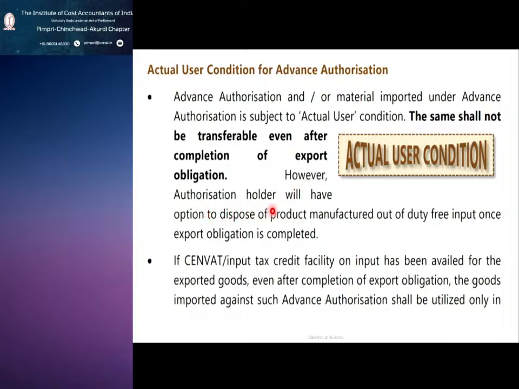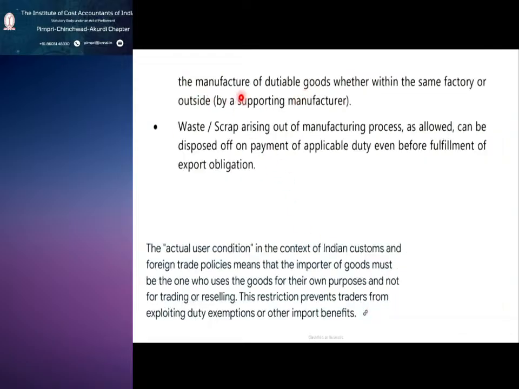The authorization holder will have the option to dispose of the product made out of duty free input once the obligation is completed. If ITC facility on input has been availed for the exported goods, even after completion of export obligation, the goods imported against advance authorization can be utilized only in the manufacture of dutiable goods, whether within the same factory or outside by a supporting manufacturer.